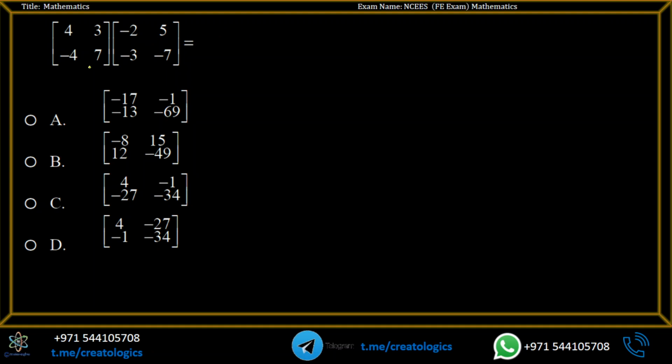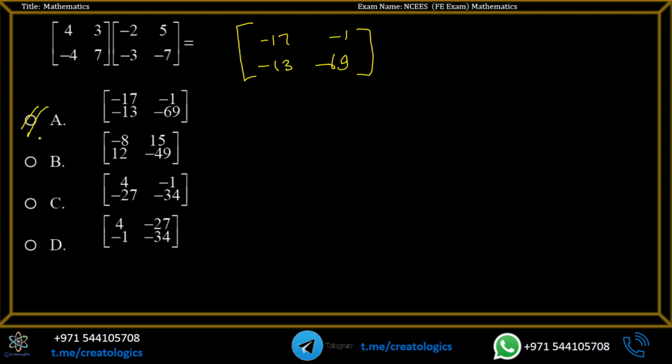You cannot interchange them. This is your first matrix, this is your second matrix, right? You cannot interchange them. So please be careful while entering the values in your calculator. So put these values in the calculator under the matrix multiplication, and you will find the value comes out as -17, -1, -13, -69, which is obviously your option A correct.